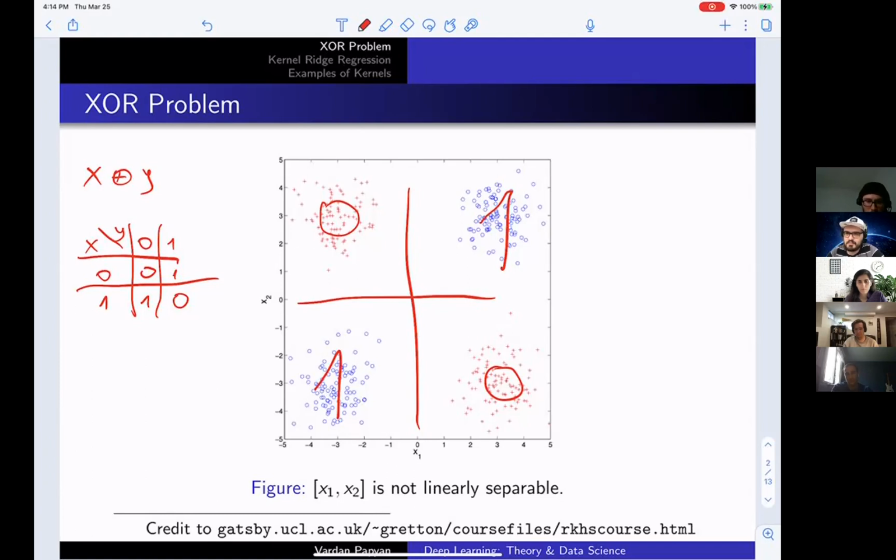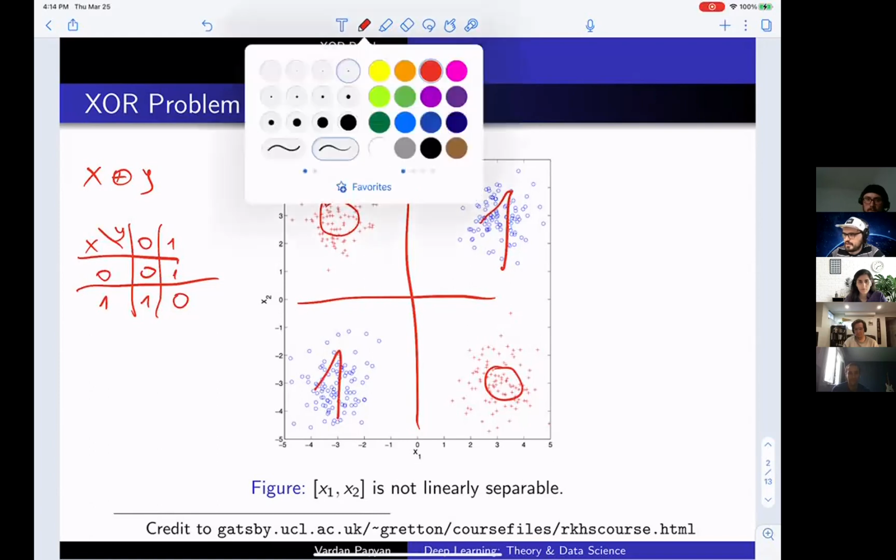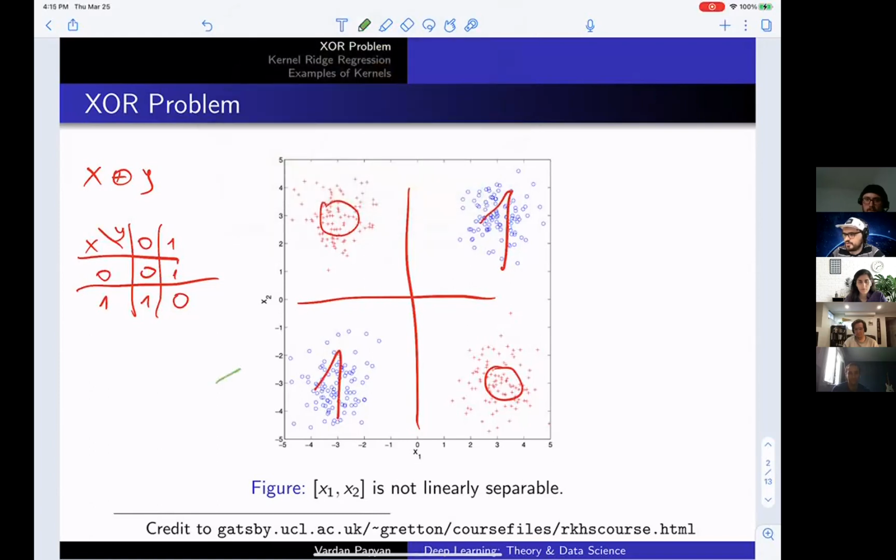Not linearly separable, but still simple is the correct answer by Etienne and Amirez as well. Indeed, you cannot separate this data through a linear classifier no matter how you try. This does not separate, this does not separate, and so on.